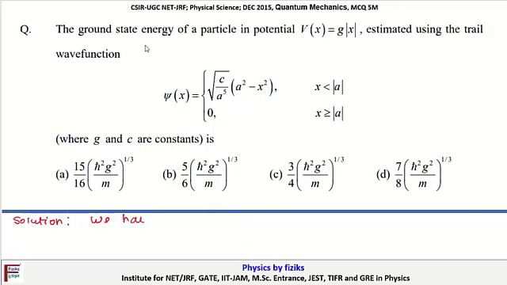We have psi of x is equal to c by a to power 5 times a square minus x square for x less than mod a.